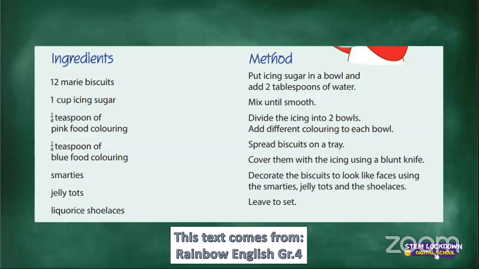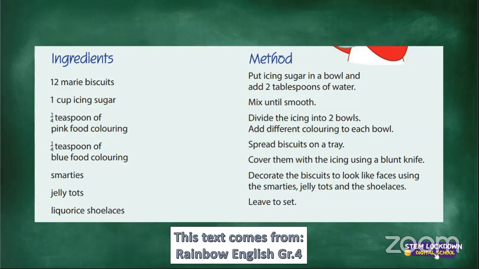Spread biscuits on a tray. Cover them with the icing using a blunt knife. Decorate the biscuits to look like faces using the Smarties, jelly tots, and shoelaces. Leave to set.